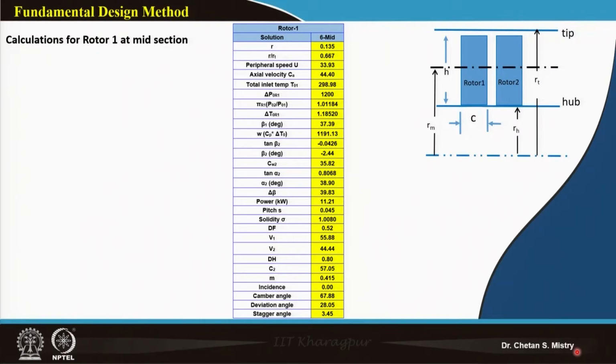In last session we have discussed the design calculation for rotor 1 at the mid station, where we assumed our total pressure rise to be 1200 Pascal.